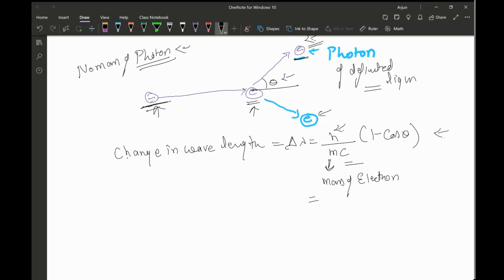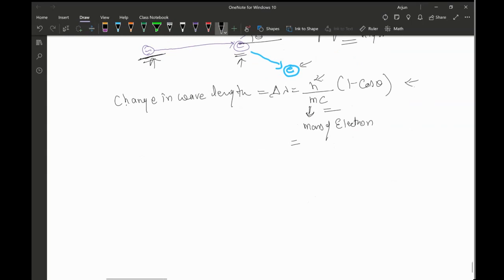Now based on this formula, I'm going to try and simplify one question.